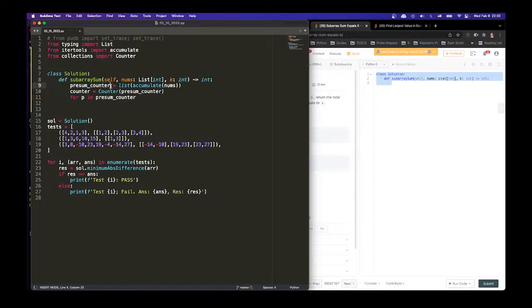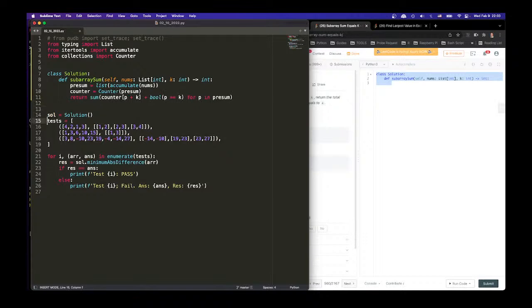That's actually pre-sum, not pre-sum counter. So we say this in pre-sum, every single one. We're trying to find counter of p plus k, right? And plus boolean value p equals k. And we return a sum of this. Okay, let's give this a shot.